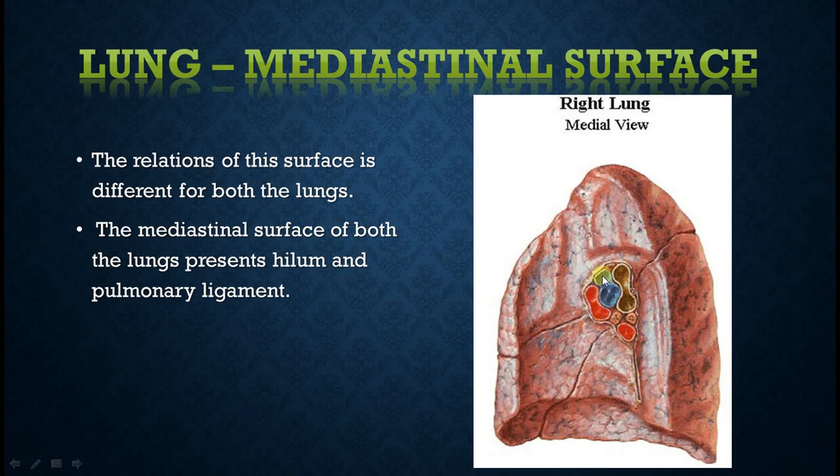Now the hilum is that part of the lung where the root structures of the lung enter. Hilum means entry point or gateway. It is not necessarily an entry point, because some structures leave through a viscus, so it is simply called a gateway instead of precisely an entry point.